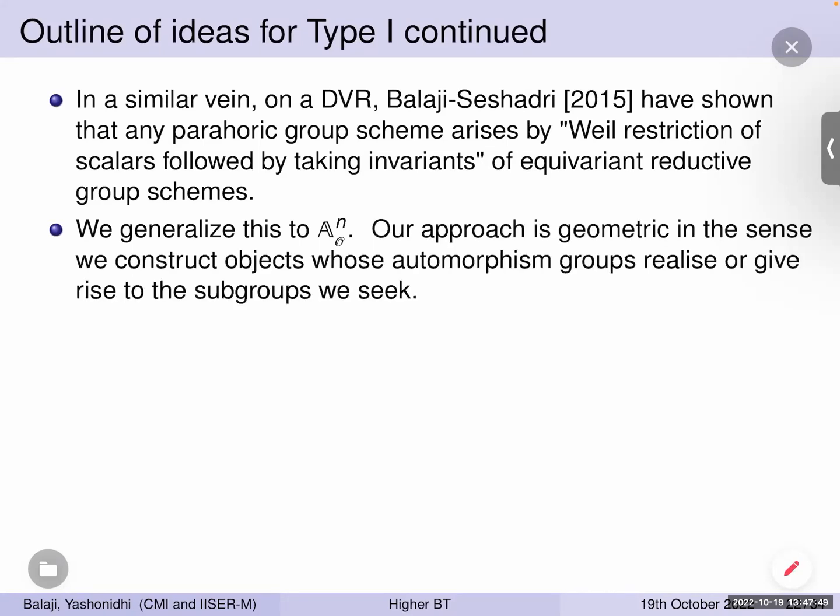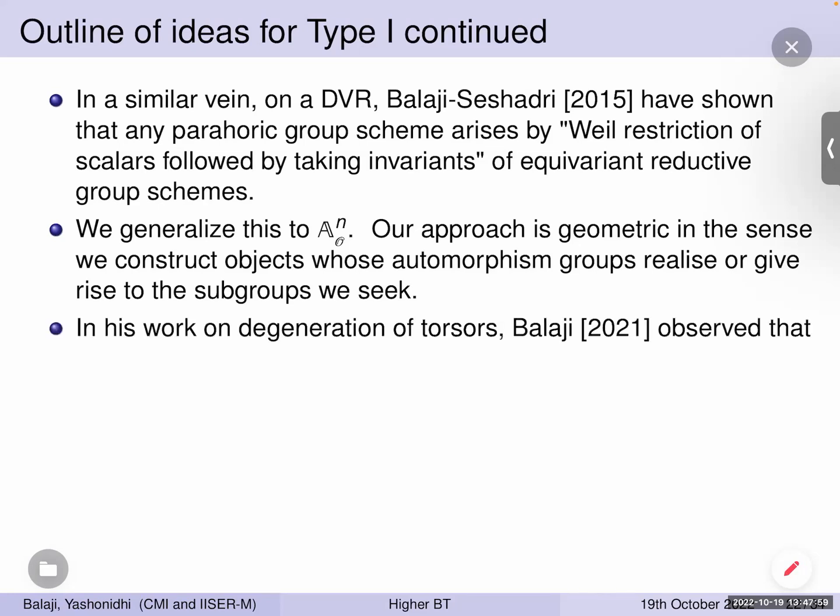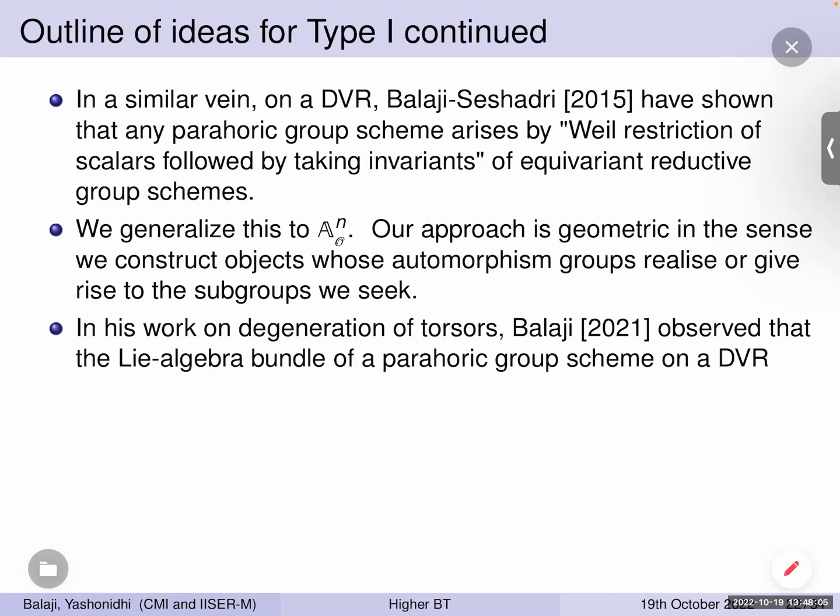Our approach is geometric in the sense we construct objects whose automorphism groups realize or give rise to the subgroups we seek. In his work on degeneration of torsors, Balaji observed that the Lie algebra bundle of a parahoric group scheme on a DVR carries a natural parabolic vector bundle structure.